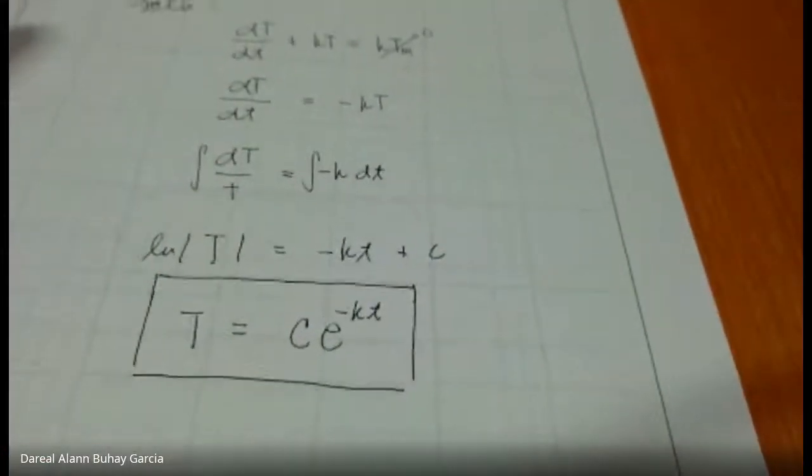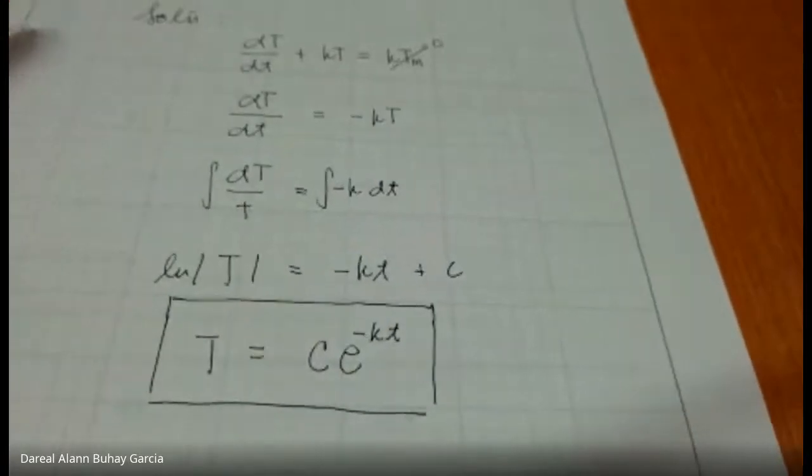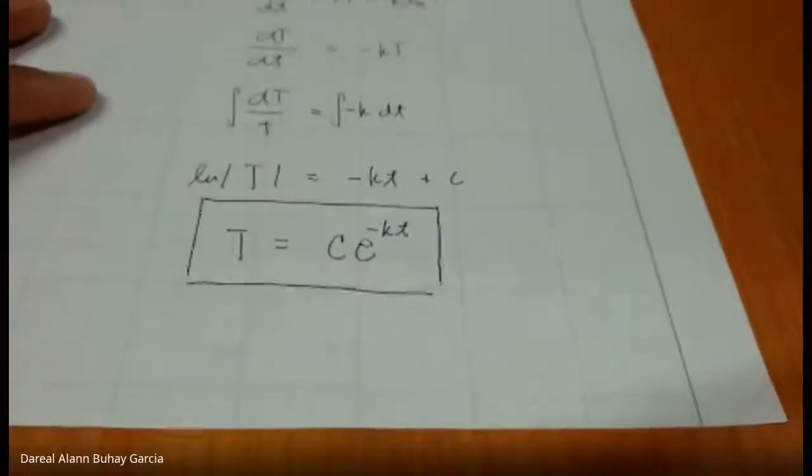So nabatay sa initial conditions na at T at 0 is 100 degrees Fahrenheit. So when T is 0, or I mean when time is 0, the temperature is 100 degrees Fahrenheit. So 100 equal to C e power of 0.